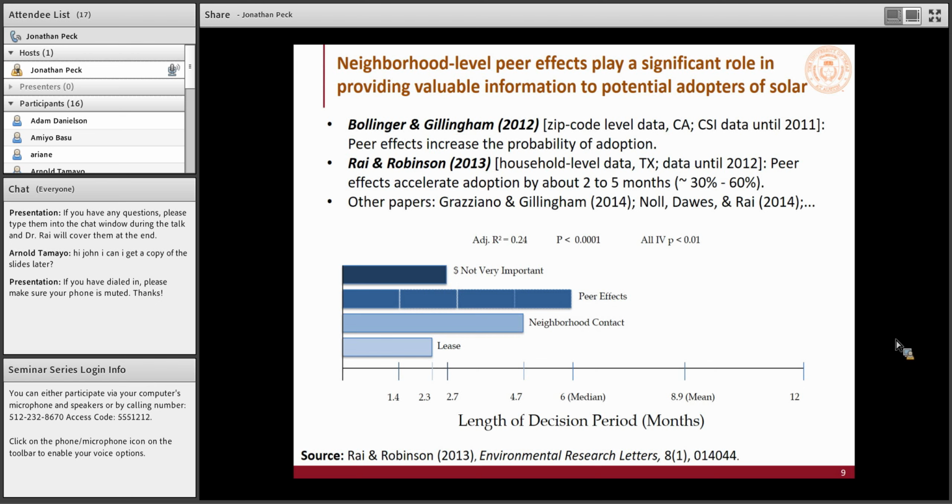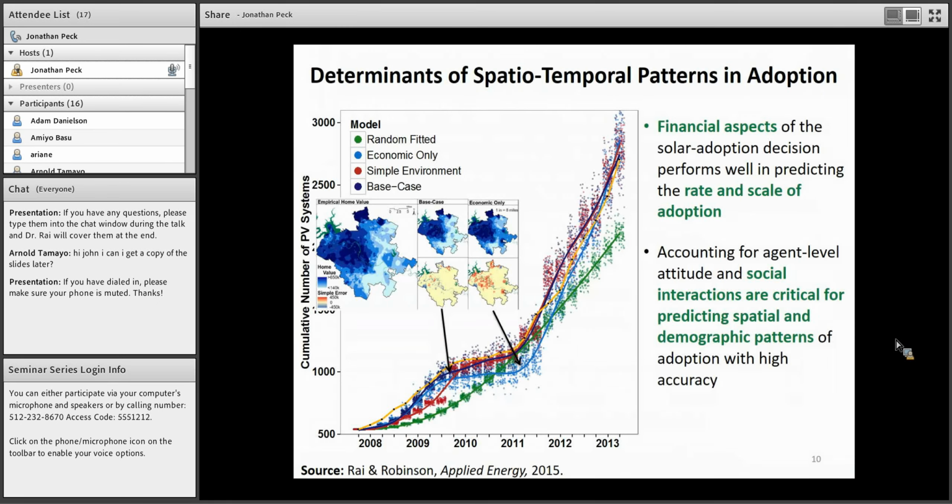One can extend this further and ask, well, sure, but does it really matter at much larger scale? I showed you the chart with the coefficient of variation and neighbors and systems in the neighborhood being significant, but you can ask the same question from different perspectives. Here I'm showing you a chart.